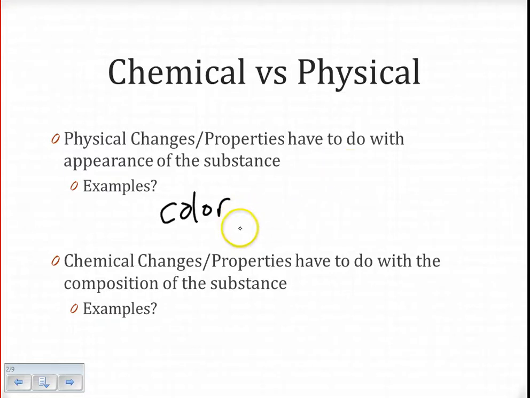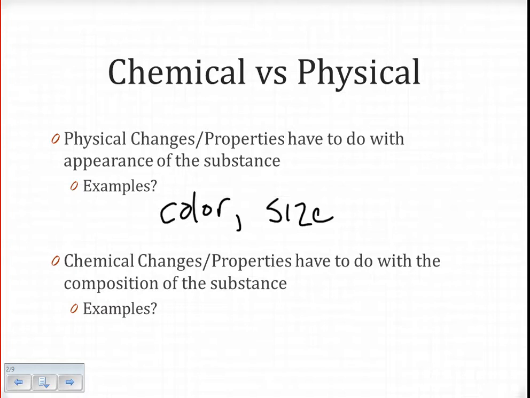Another thing is size. If you're measuring something's size, that's a physical property. If you change its size, typically that's a physical change. So anything that has to do with appearance is typically physical.